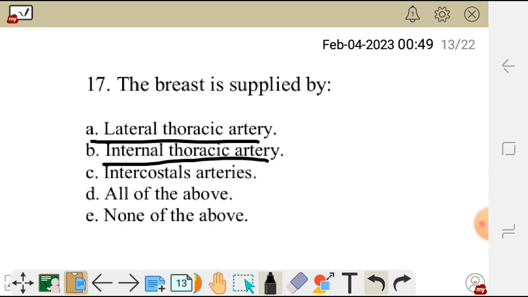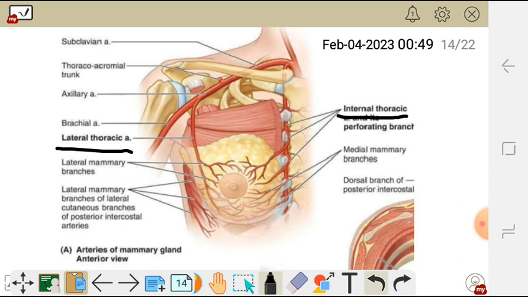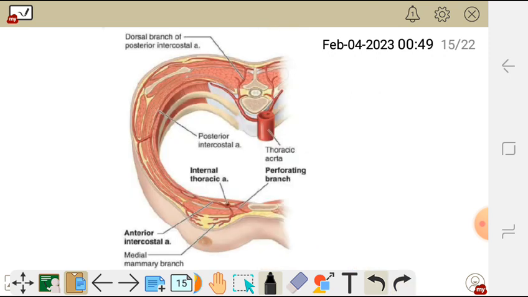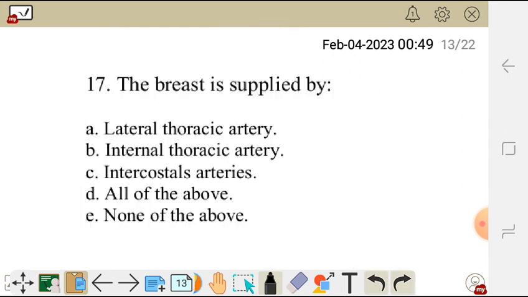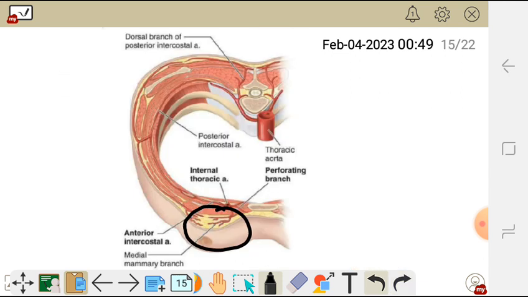This internal thoracic artery also supplies the medial aspect of the breast, and then we have the intercostal arteries. These are arteries inside the thorax, so they also supply the breast. So that's why we are saying all of the above are correct. So question 17 is D.